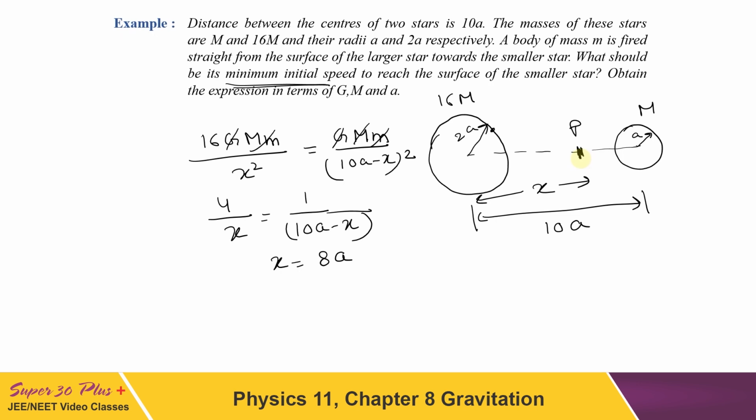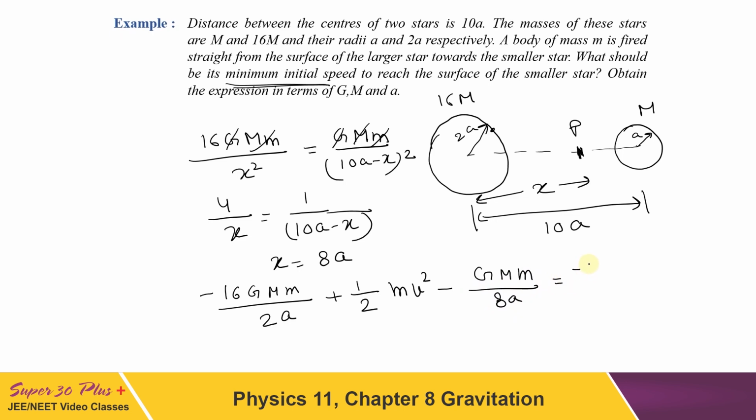Now let us write energy conservation. That will lead to minus 16 GMm upon 2a, which is the potential energy when the body was at the surface of 16m, plus its kinetic energy, which is half mv square, minus GMm by 8a, to be equal to minus 16 GMm by 8a minus GMm by 2a.